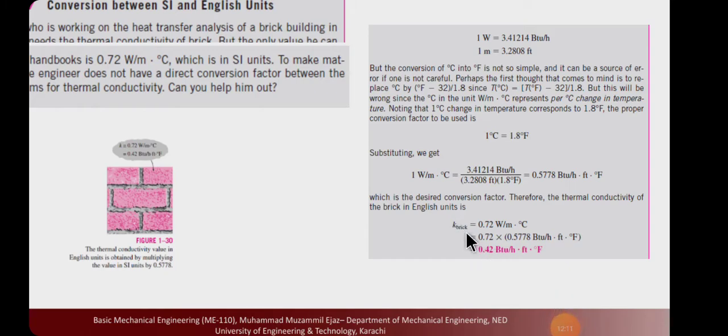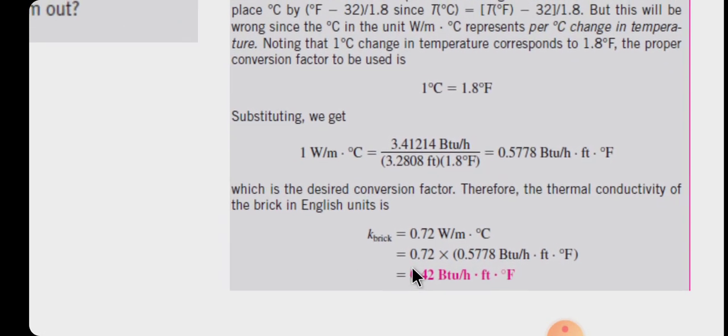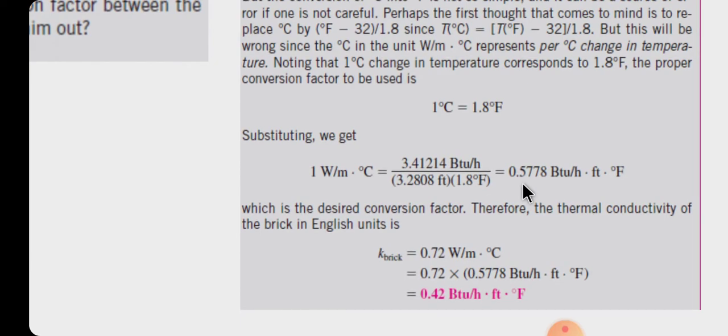So now we get the K value, thermal conductivity value in British thermal units, that is 1 watt per meter degree centigrade is 0.577 BTU per hour foot Fahrenheit, and we get the direct conversion of one thermal conductivity value.